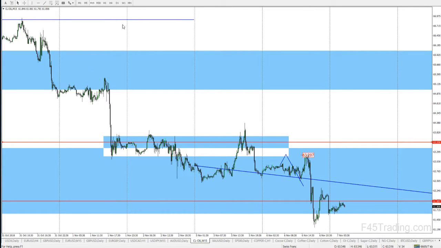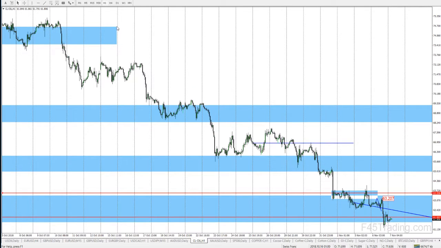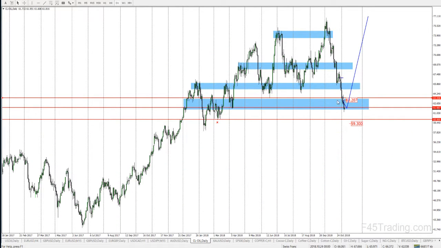But again, had you been watching some of my analysis on crude oil for the past month, I had said, yes, price is going to go down, but in times of these consolidations, you don't know if you're going to get a reversal or a continuation lower. My targets I had picked at 63.20, which was easily hit a little while ago. My next target is 59.30, and so far we're making a pretty hefty push.